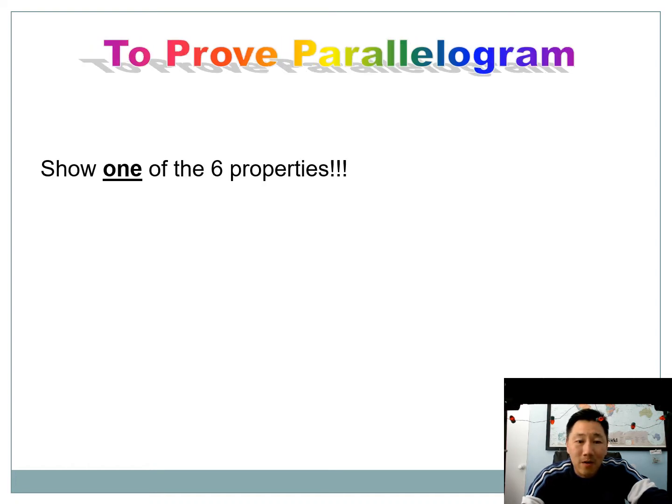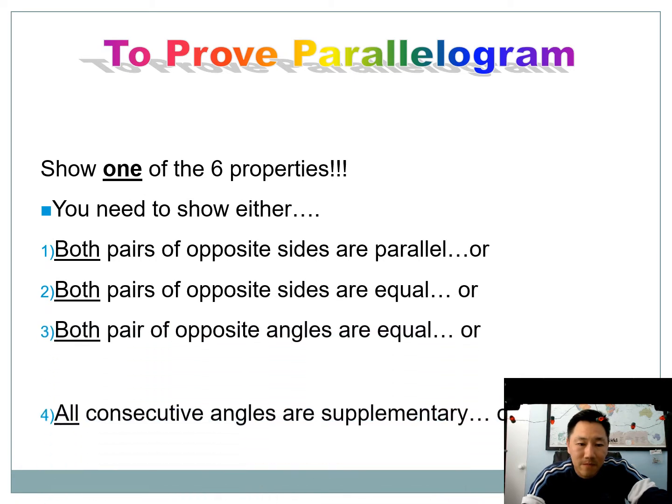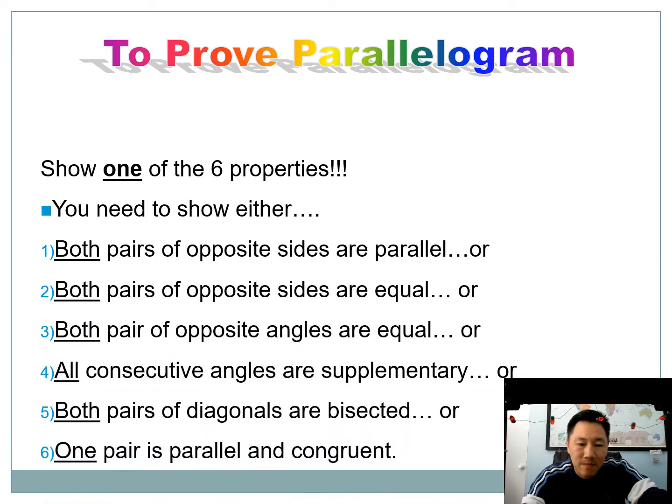All right, remember, proving parallelograms. If I give you a shape and I say, show me that this is a parallelogram, you have to prove that the shape is a parallelogram by showing one of the following 6 properties. And these are all the properties of a parallelogram.